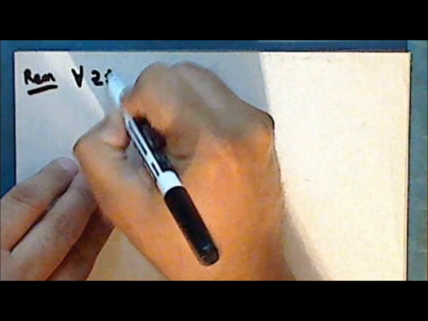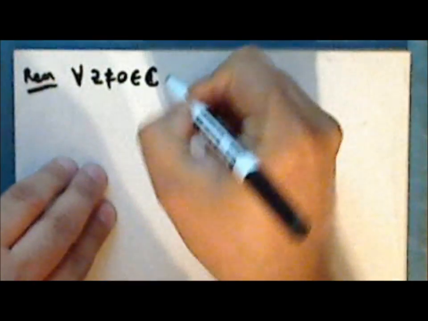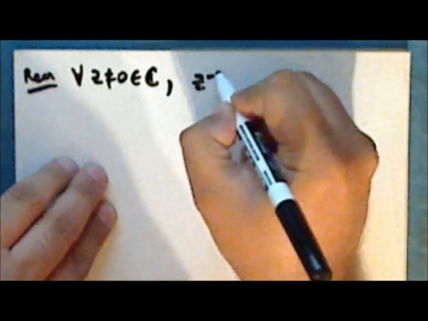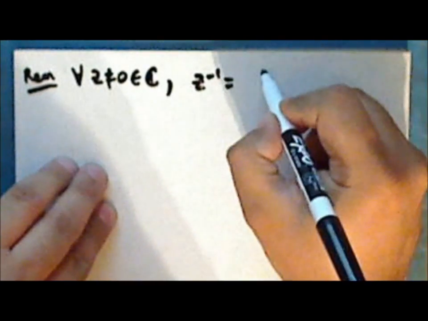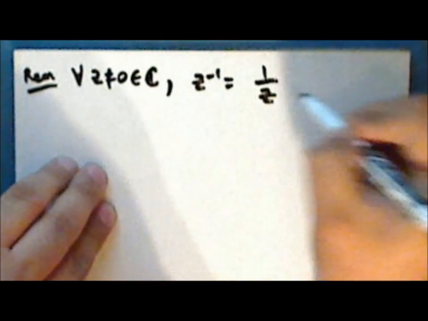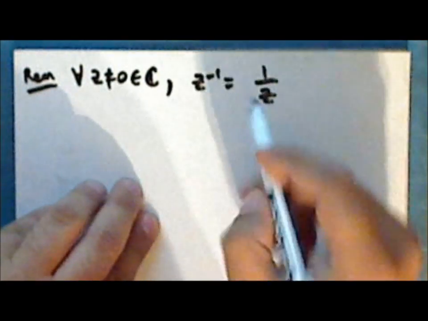Okay, so we have seen several forms of the inverse of a complex number that we need to be able to recognize as the same number. So for every non-zero complex number, we have that the inverse of the complex number z is the reciprocal 1 over z.